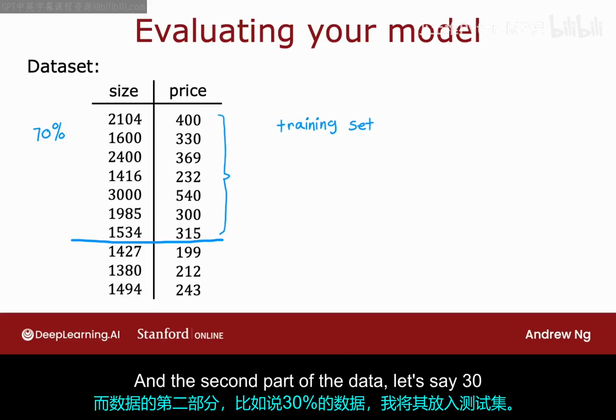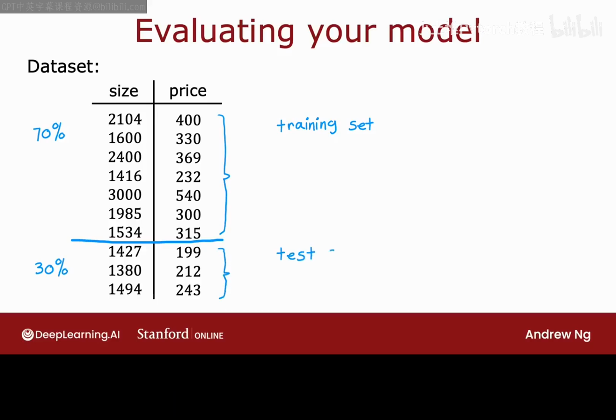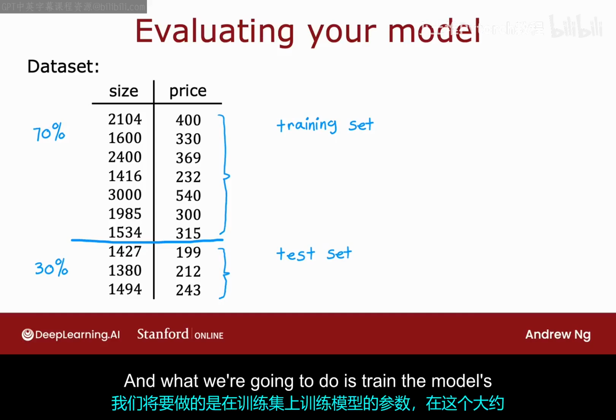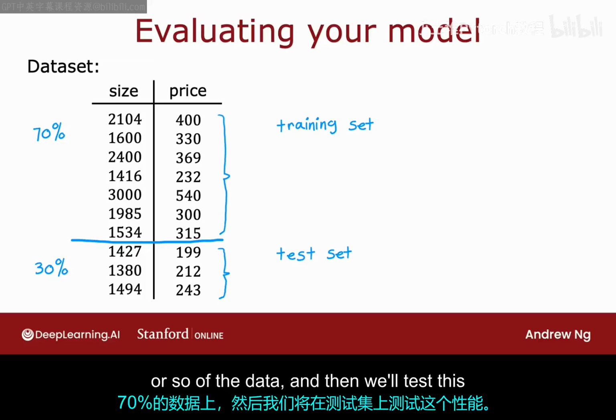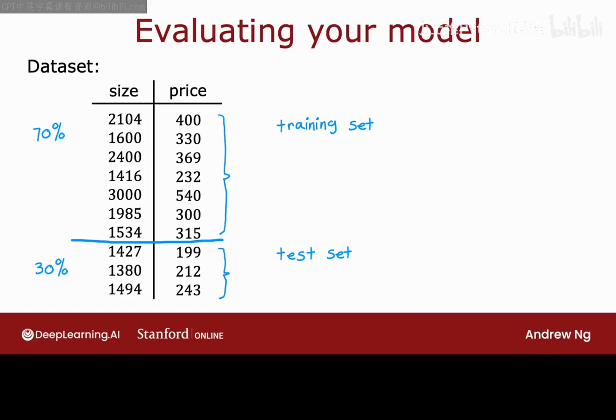And the second part of the data, let's say 30% of the data, I'm going to put into a test set. And what we're going to do is train the model's parameters on the training set, on this first 70% or so of the data, and then we'll test its performance on this test set.